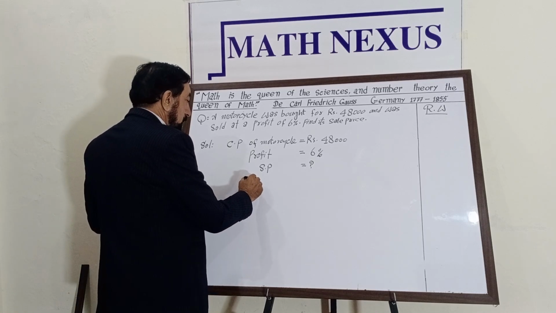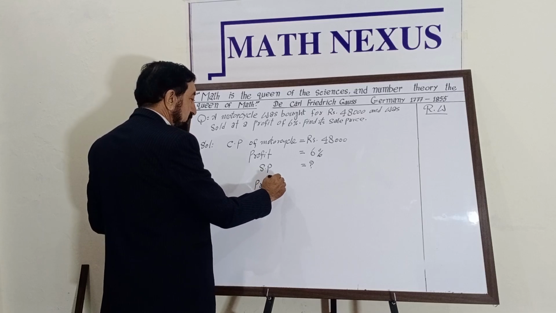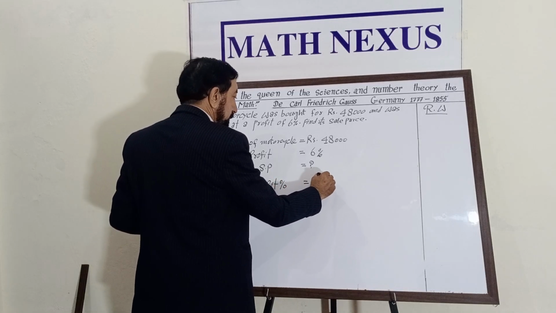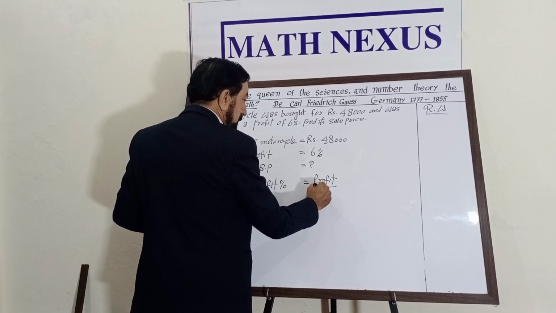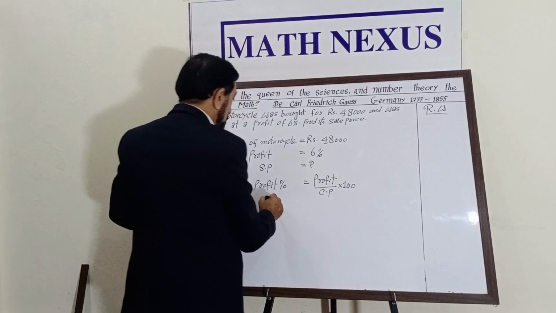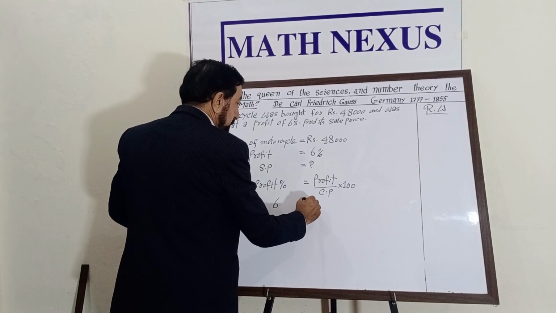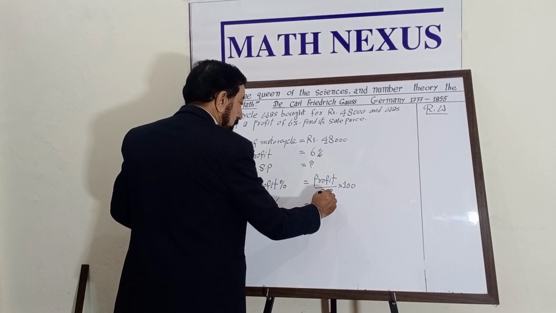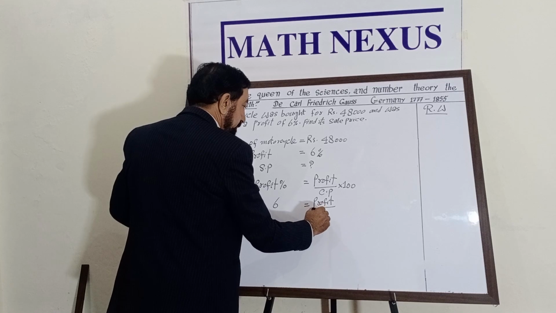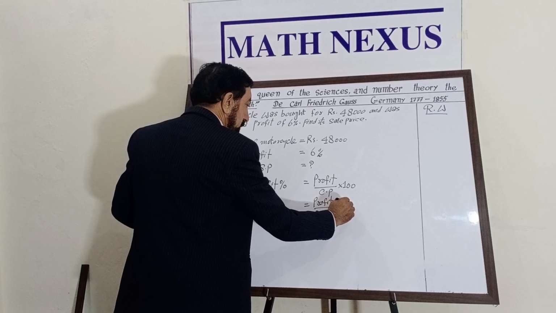We have a formula: profit percent is equal to profit upon cost price into 100. Profit percent is 6, profit upon cost price 48,000 into 100.